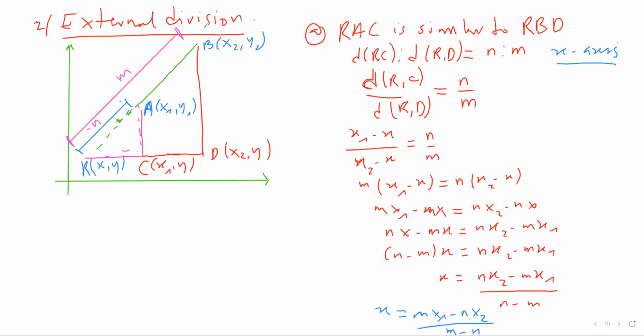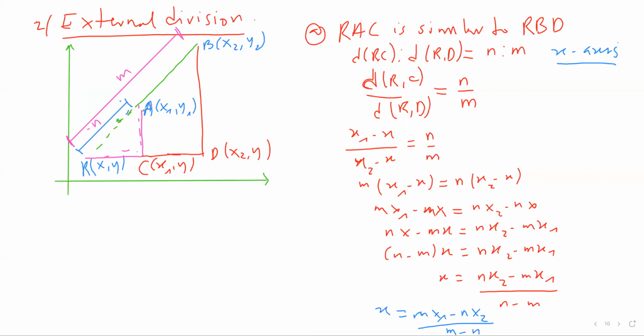Then we have external division. So for external division, of course, it means that we have A (x1, y1), B (x2, y2), and then we have a point which is outside of the extent of the line segment, but also in the proportion or in the ratio n, and then the other ratio of m.